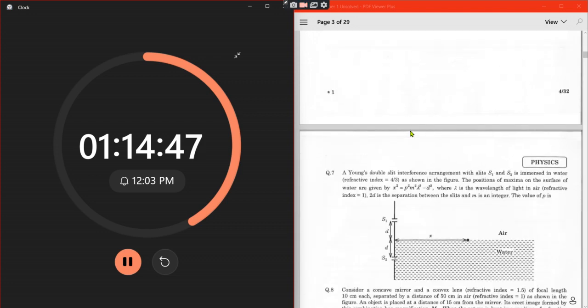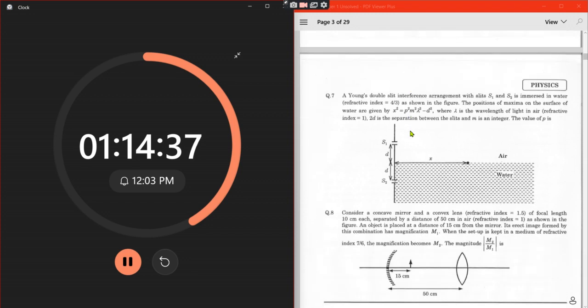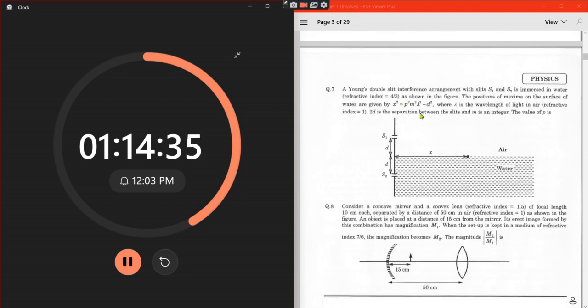In the interference arrangement with slits S1, S2 immersed in water, the position of maxima on the surface of water are given by x square equal to this thing, where lambda is the wavelength of the light in air, effective index 1. What do we do? YDSE experiment, slits S1, S2 immersed in water.